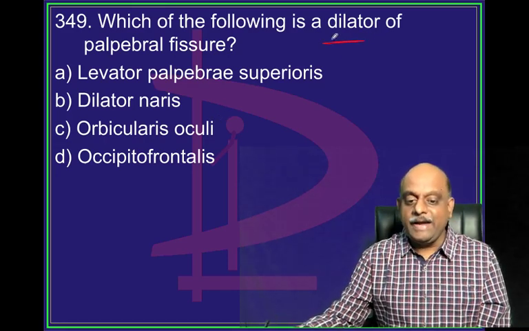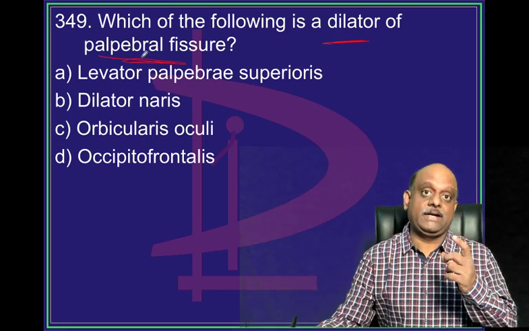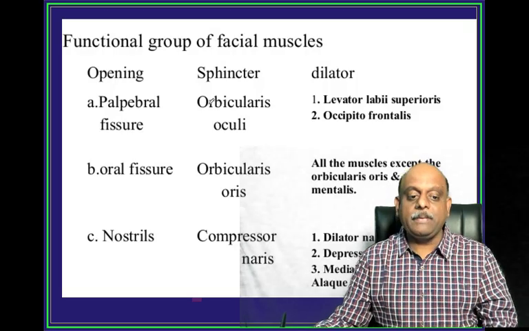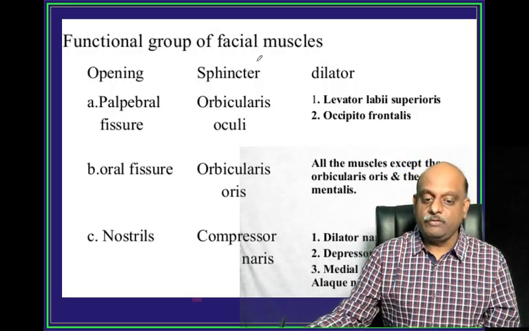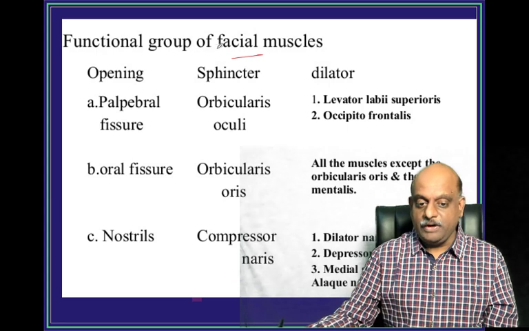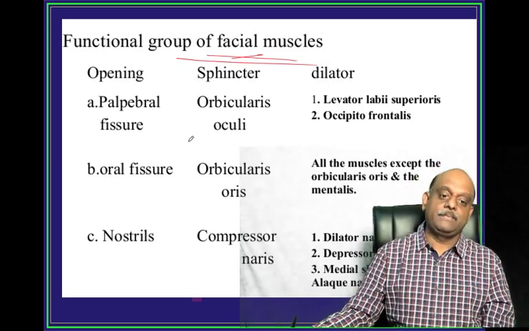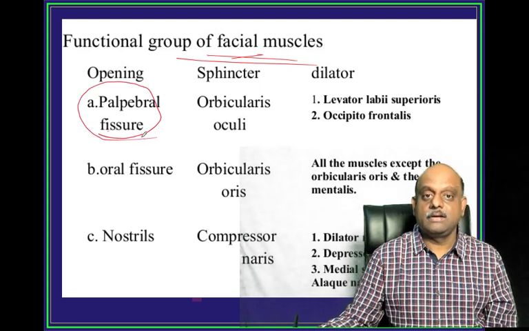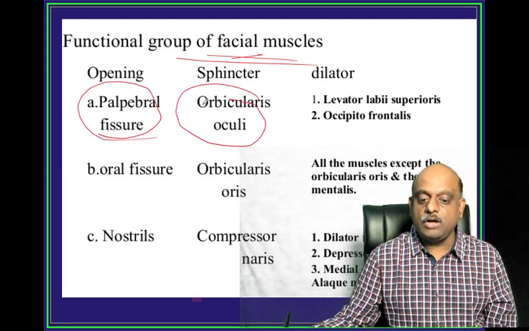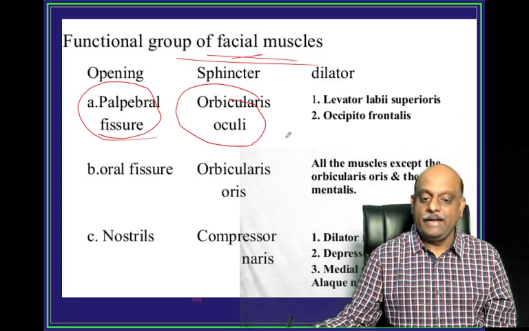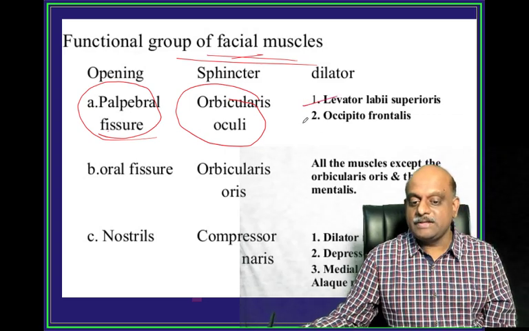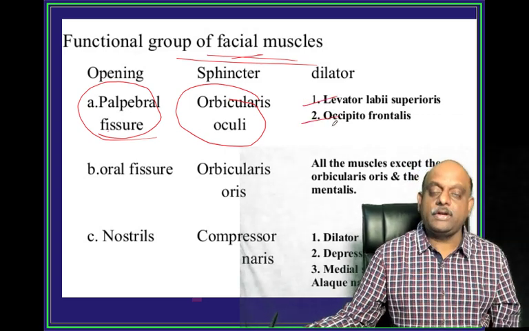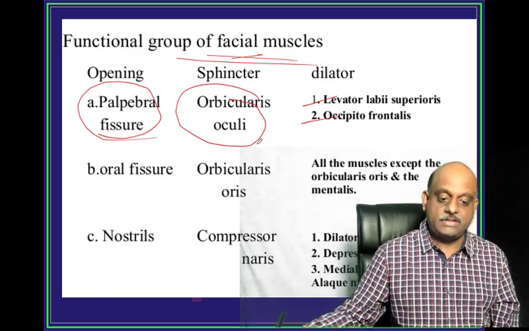Now, which is the dilator of the palpebral fissure? It is the levator palpebrae superioris. If you look at the various functional groups of the facial muscles, for the palpebral fissure, the sphincter is orbicularis oculi, and the dilators are levator labii superioris and occipitofrontalis.